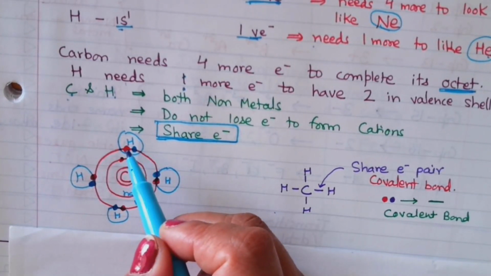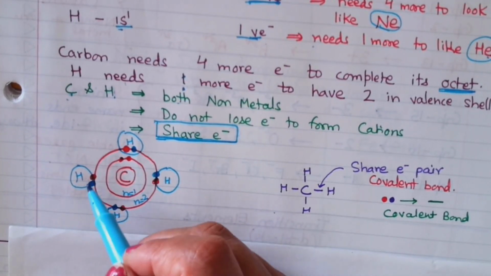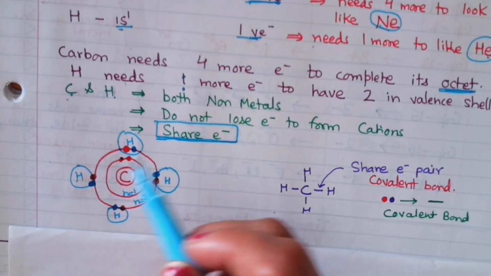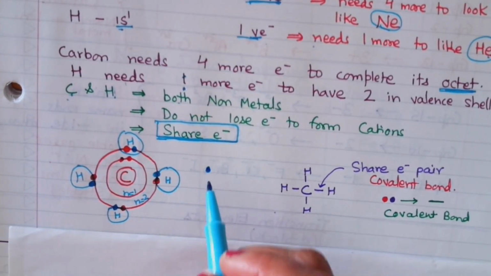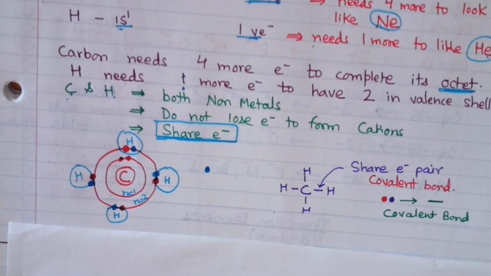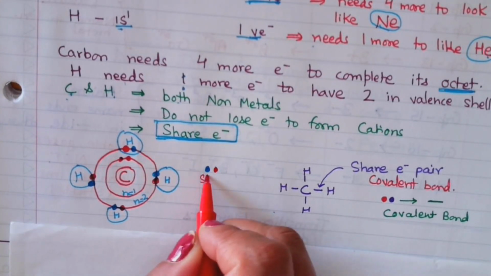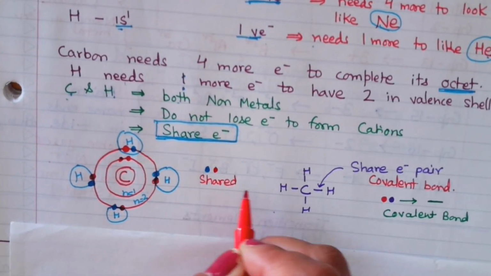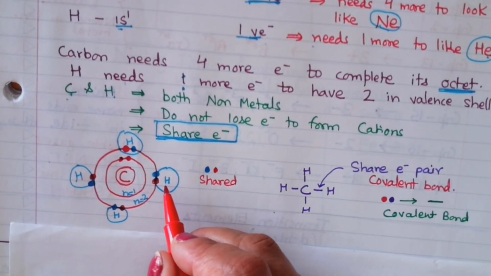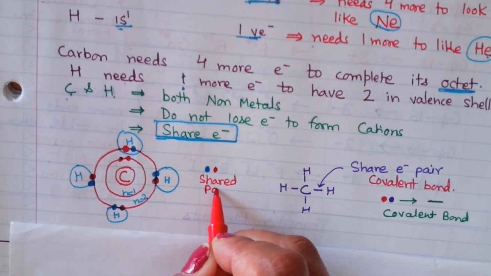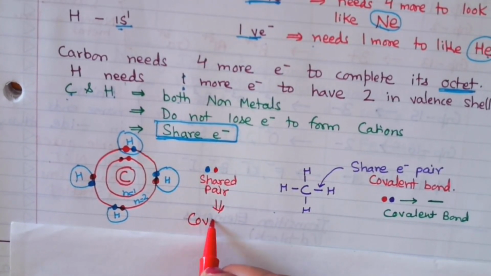And carbon has 1, 2, 3, 4, 5, 6, 7, 8 valence electrons, right? So each shared pair, the red and the blue pair, is what we refer to as a covalent bond. So this is the shared pair, shared between hydrogen and carbon, right? So this shared pair of electrons is what we know as a covalent bond.